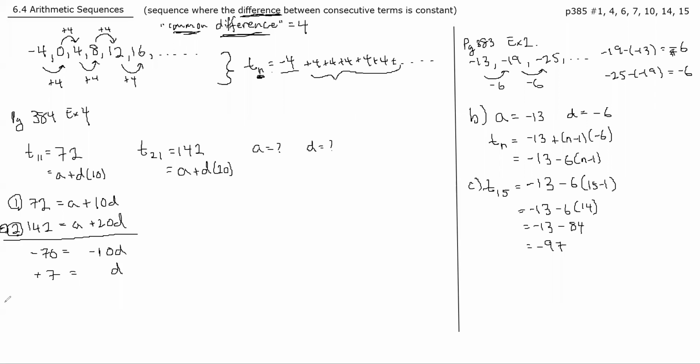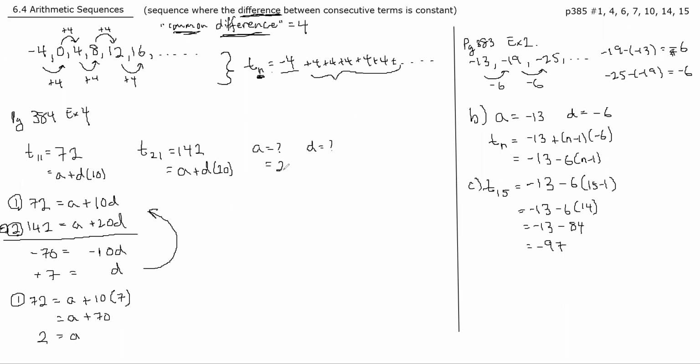Let's move on. So if I know what D is going to be, I'm going to choose any of these equations to help me out. Just to use smaller numbers, 72 is equal to A plus 10 times D, which is A plus 70. Subtract both sides by 70, A is equal to 2.